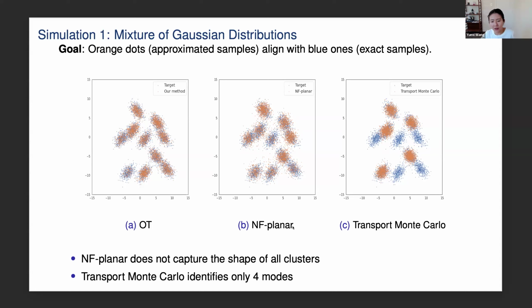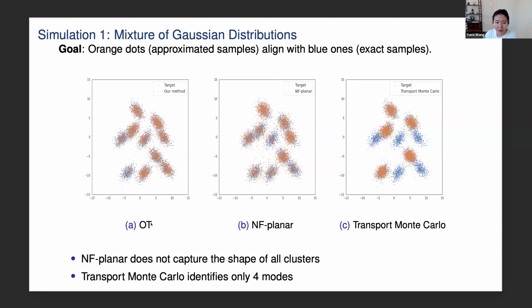And you can see here, the normalizing flow captured all 10 clusters, but it still struggles: for certain clusters, its samples didn't align completely with the target distribution. And for the transport Monte Carlo method, because this is not really designed to take care of multimodal distributions, it only identifies 4 modes.